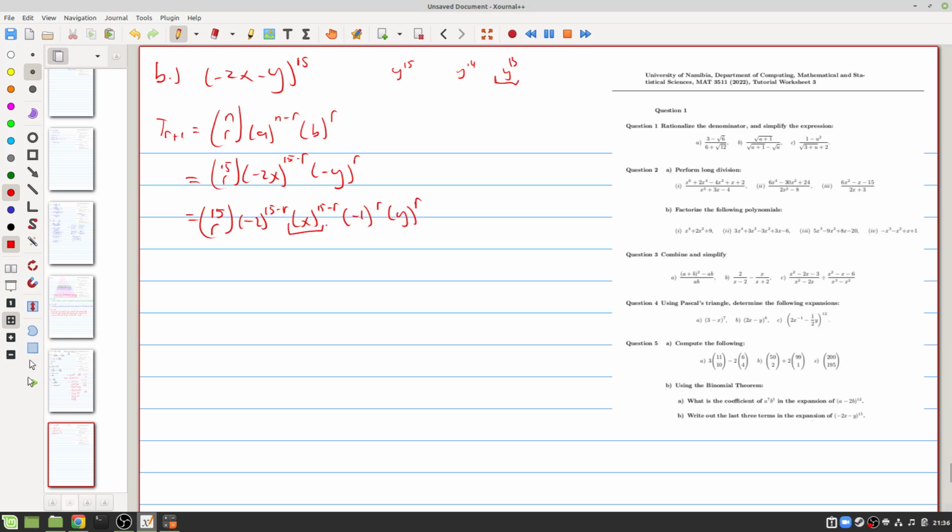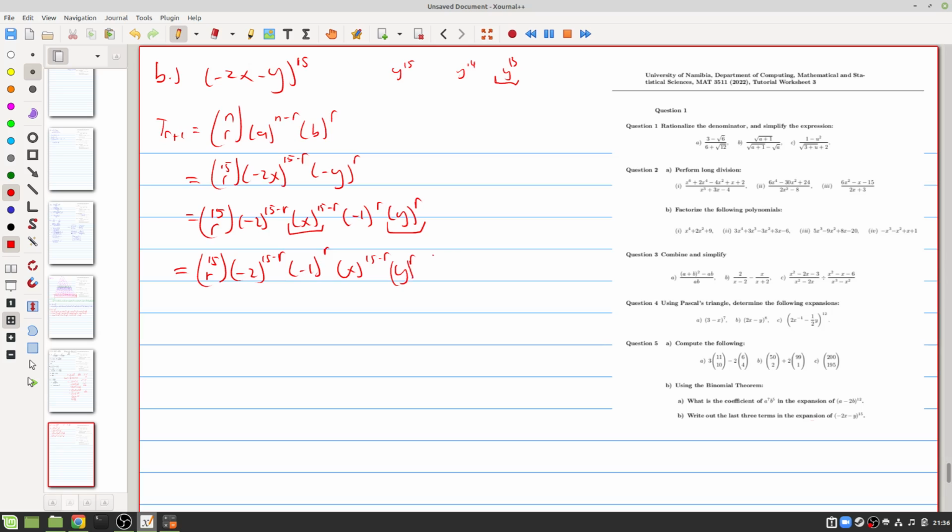So basically you want your x and your y, all your variables, by themselves. The rest of the things you want to split up like this. So 15 choose r, negative 2 to the power 15 minus r, then negative 1 to the power r, and then we've got x to the power 15 minus r and y to the power r.